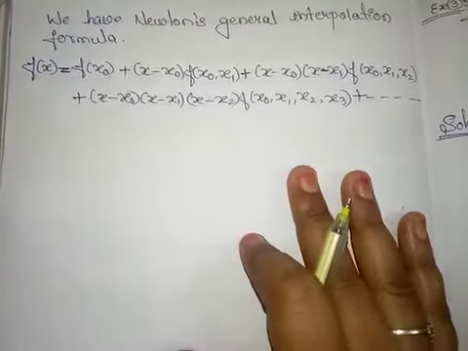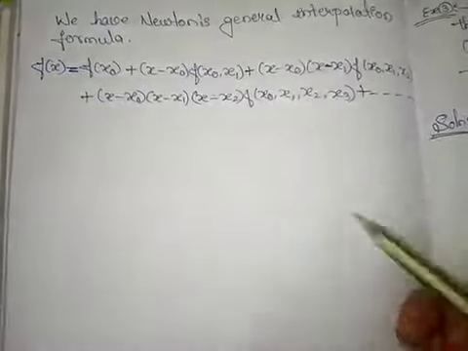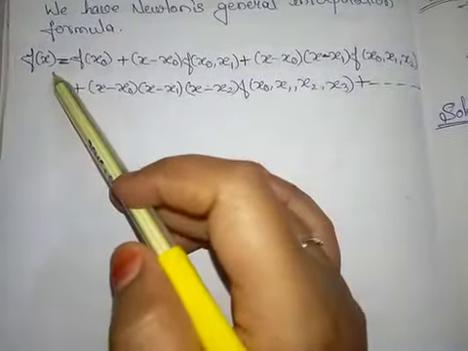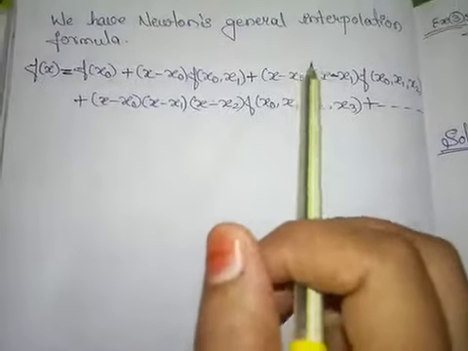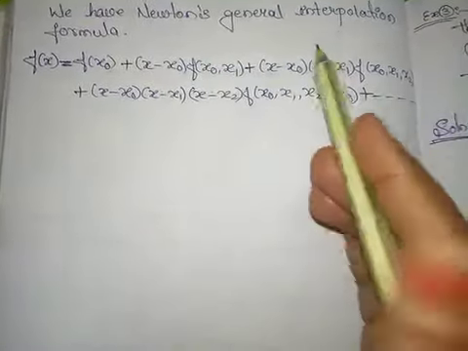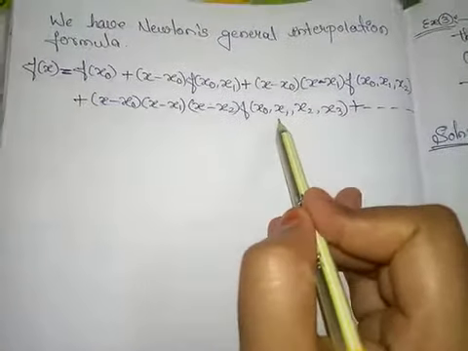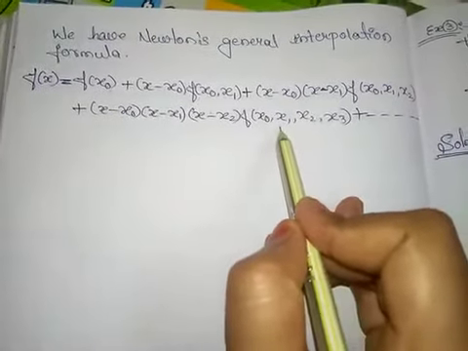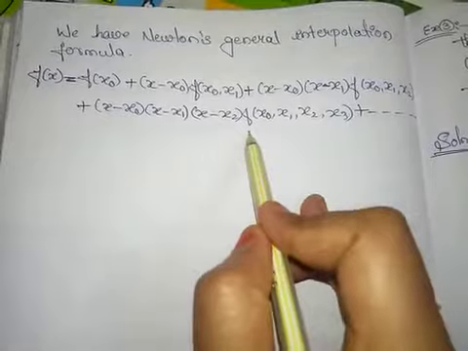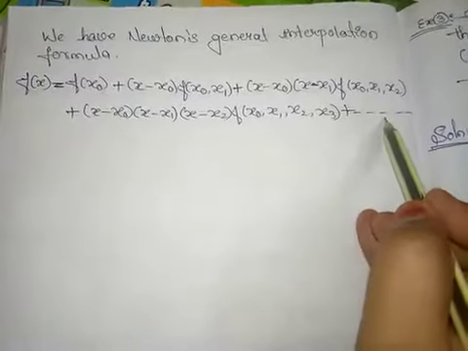Next, we have Newton's general interpolation formula, that is f of x is equal to, here also we have the terms up to third divided difference, so I have written the terms up to third divided difference in the general formula, plus and so on.